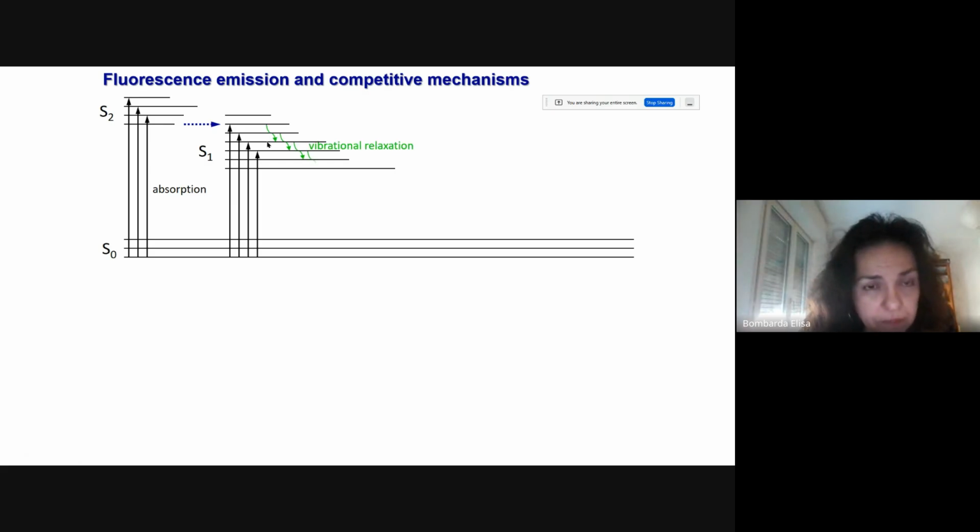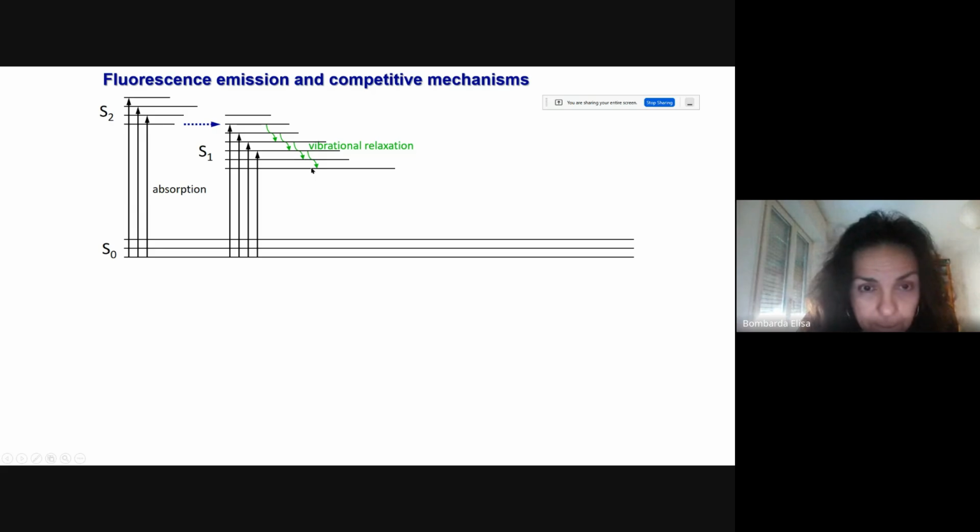From there, there is a rapid vibrational relaxation, which makes it so that independently of which vibrational state was reached, all the molecules will be found at the lowest vibrational level of the first excited state.